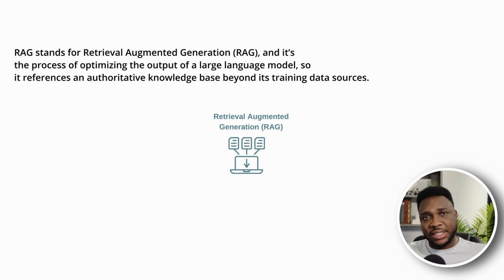So there's an initial dataset the model was built on, but you go beyond that and expose the model to a different dataset, so that the model can also make reference to this other dataset in the kind of responses it provides. And that is the gist of RAG.